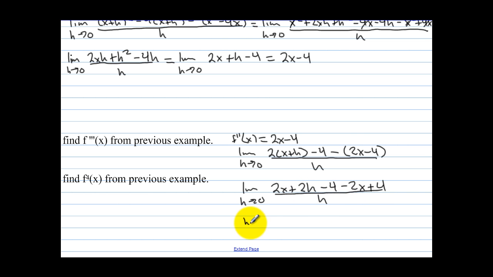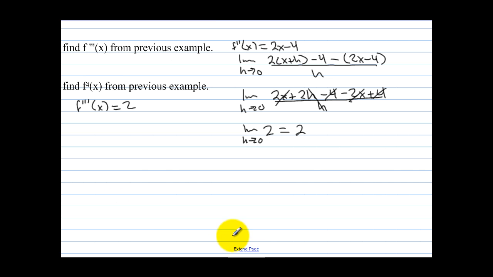So we have the limit as h approaches 0 of, let's see, the 2x's cancel, and actually the 4's cancel, and then what's left is these h's cancel, and we're just left with 2. So the third derivative is 2. Now we're asked to find the fourth derivative. So we start out with the third derivative, which is simply 2.